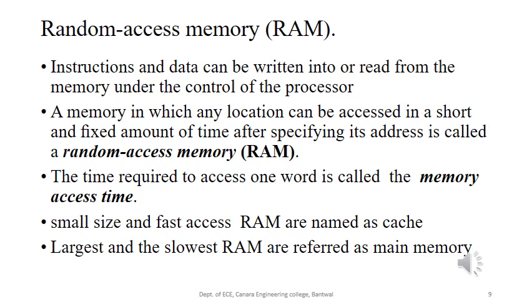A memory in which a location can be accessed in a short and fixed amount of time after specifying its address is called random access memory. In case of random access memory, irrespective of the location, the time to access the data is fixed.